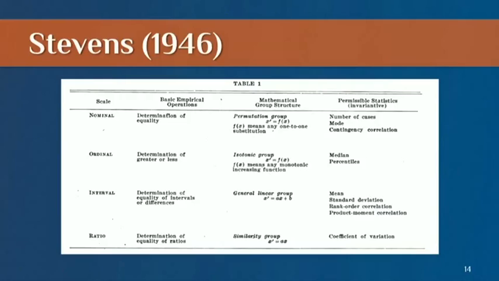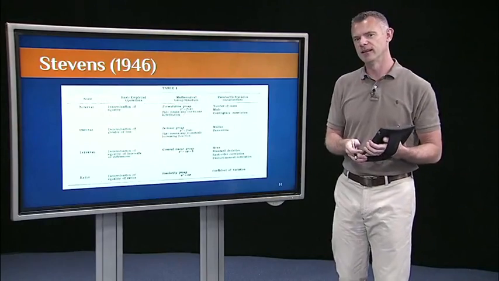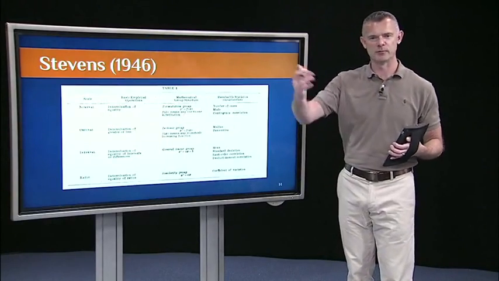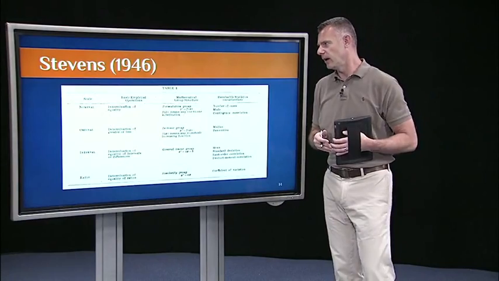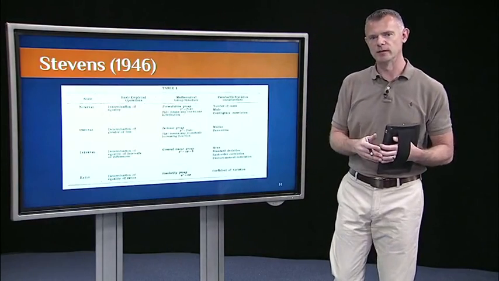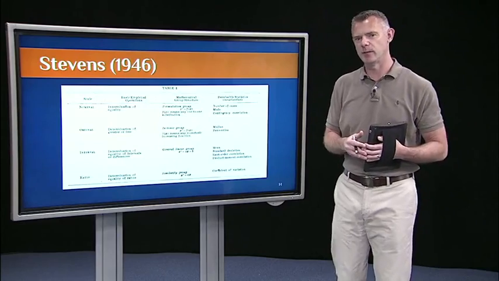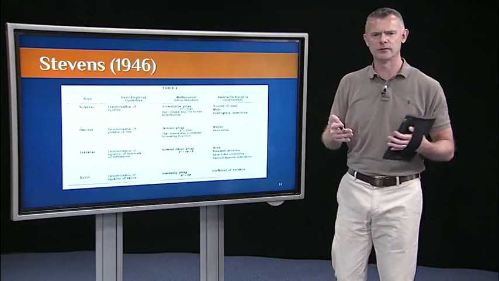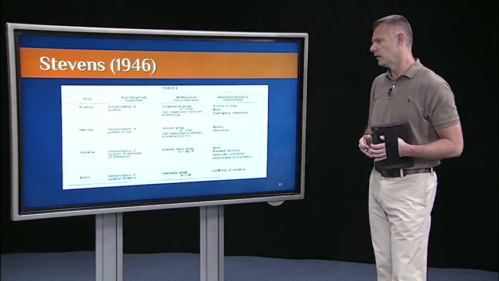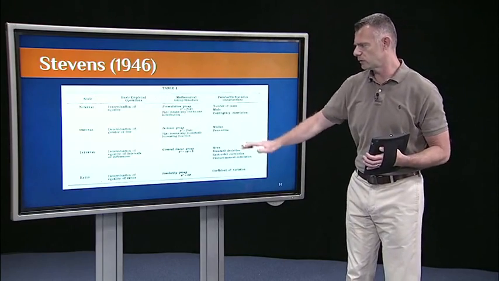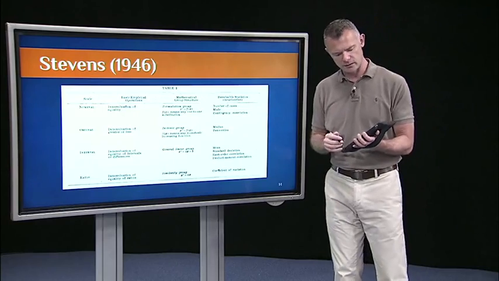I purposely cut and paste this table from Stevens 1946 because I think it's an important paper. Everyone should read it. If you can get your hands on Stevens 1946, or maybe we should post it to the website. It's a classic paper for statistics and also a classic paper for cognitive psychology and for psychometrics in general. I won't go through the whole slide. You can look at this at your leisure.